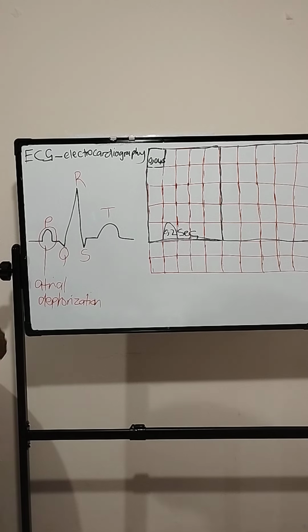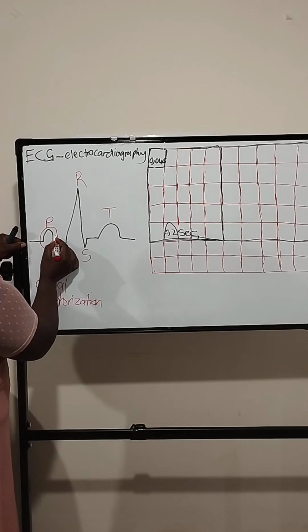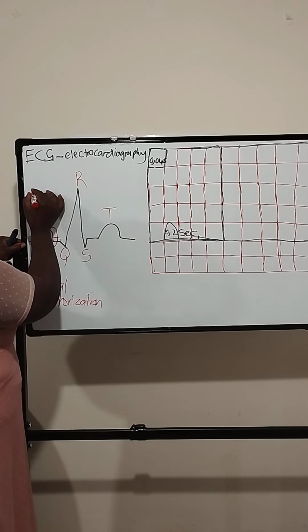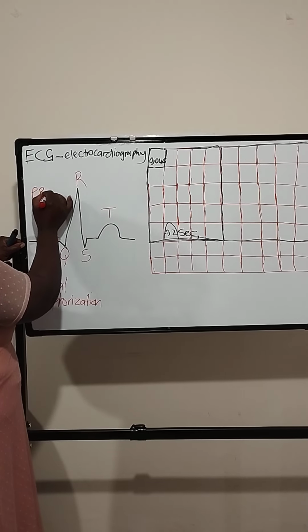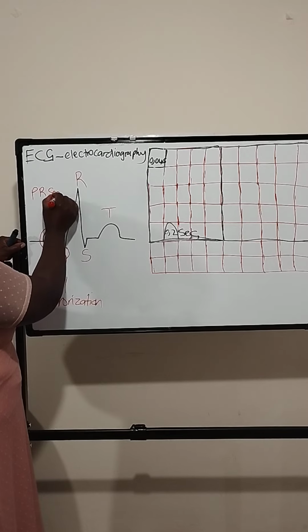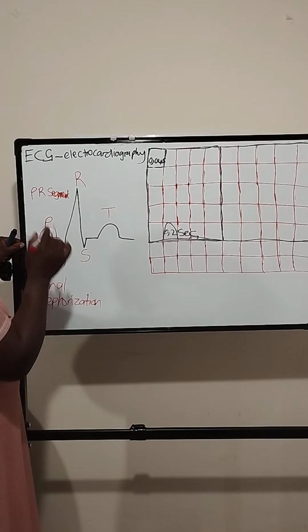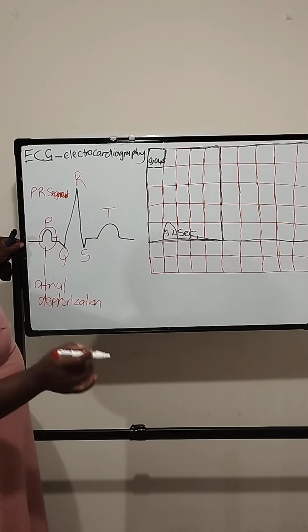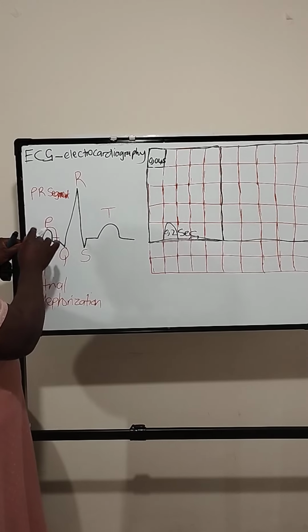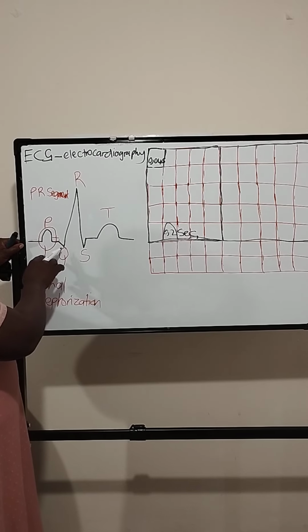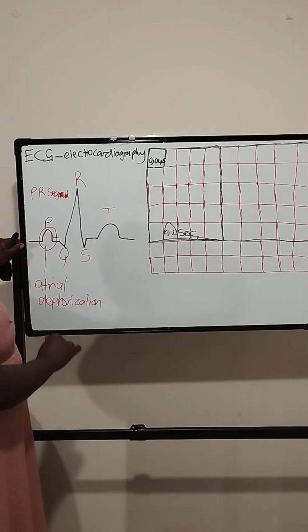And from the P wave, the distance between the end of the P wave and the beginning of the QRS complex is called the PR segment, which is the time taken for the wave of contraction to move from the atria to the ventricles.